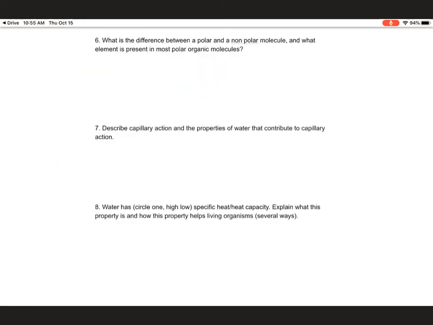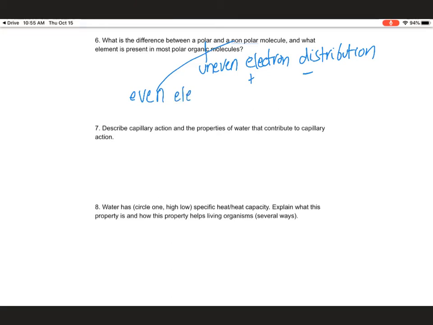Right. Polar and nonpolar molecules, we kind of talked about that with the hydrogen bonding, but polar molecules have an uneven distribution of charges, or electrons, which gives them a partial negative and a partial positive side, while nonpolar molecules have a more even electron distribution, which means they don't really have a negative or positive side.